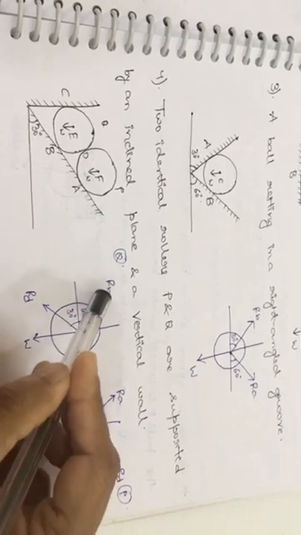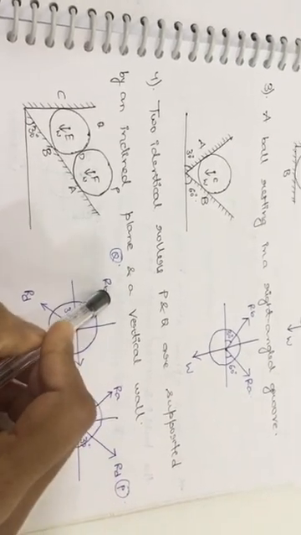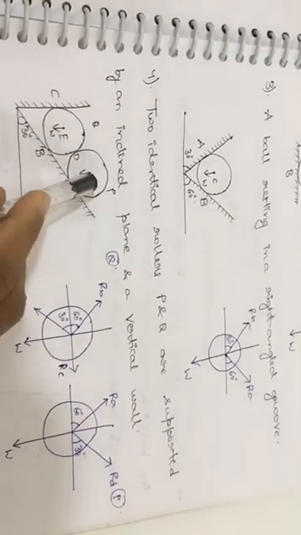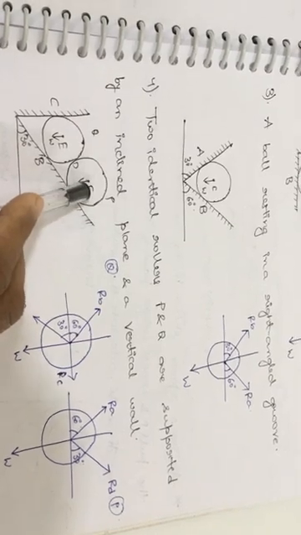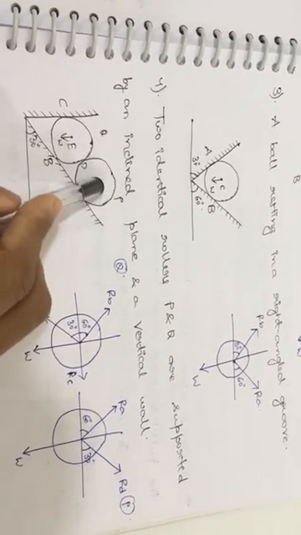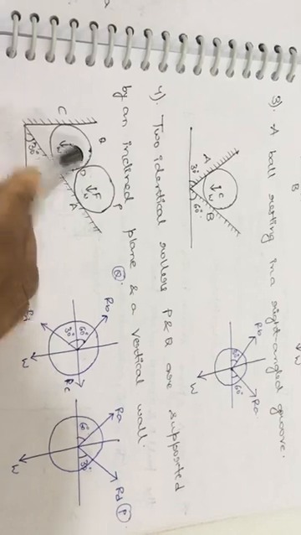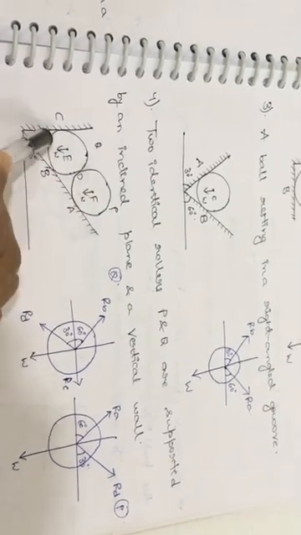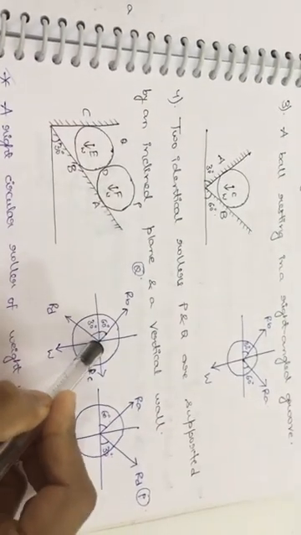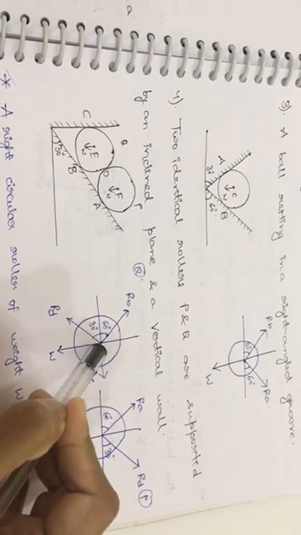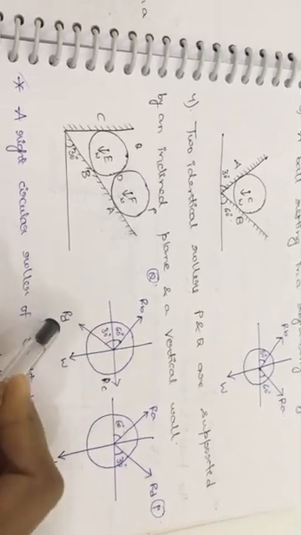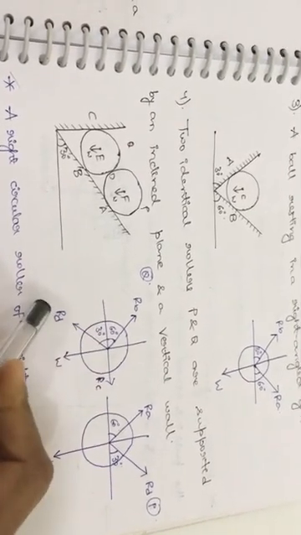So in the second quadrant you will get the RB reaction force. Now coming to the third support, the P roller support. P roller is acting on the Q roller in this direction. In this direction, the RD reaction force will project towards the third quadrant. So you will get the RD force in the third quadrant.